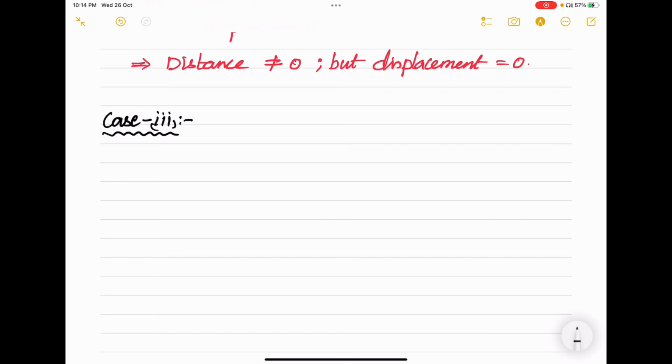The same example, whatever the boy one, let us assume this one here.